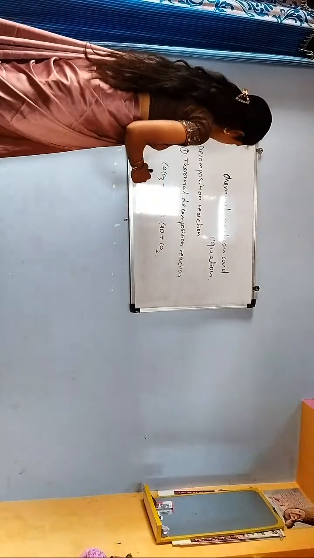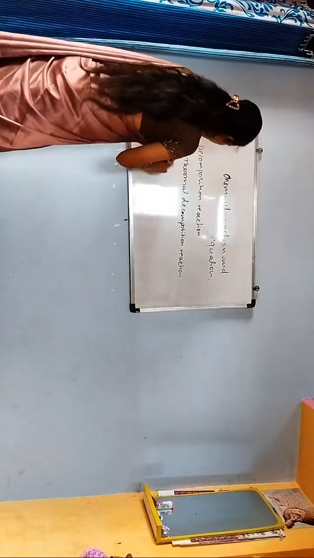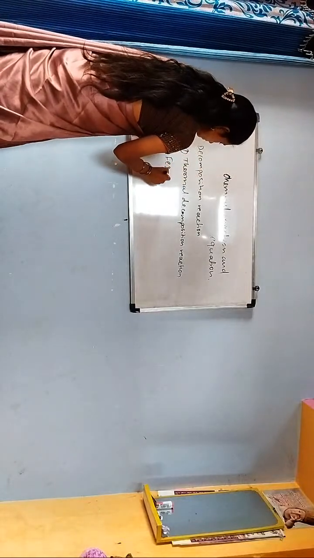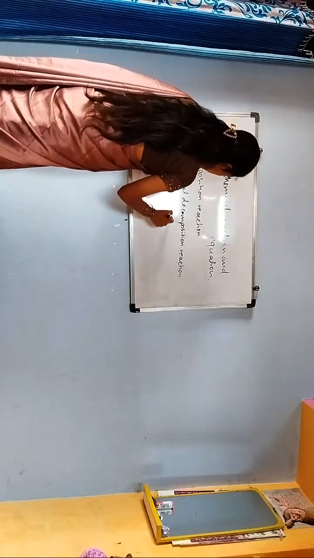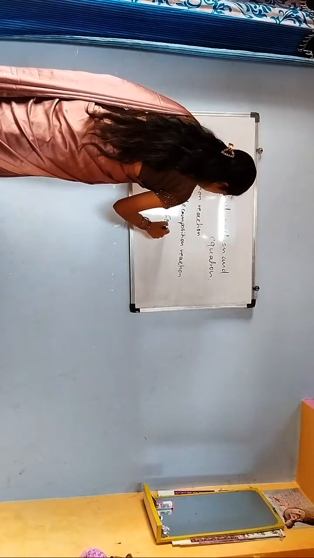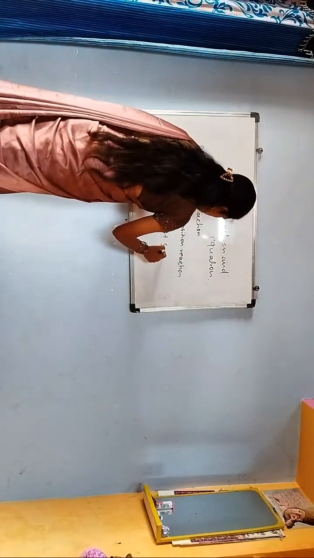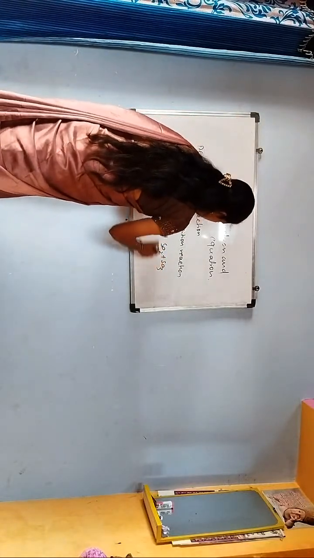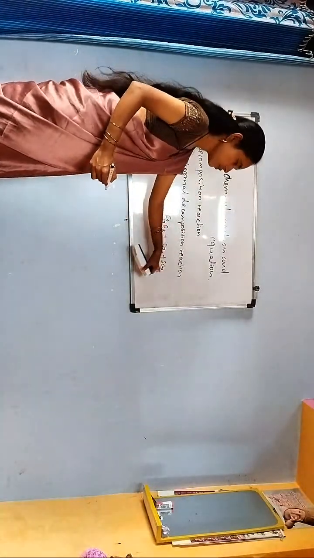Again we can take an example of ferrous sulfate. Ferrous sulfate FeSO4, on heating, gives ferric oxide Fe2O3 plus SO2 and SO3. So it breaks into ferric oxide, sulfur dioxide, and sulfur trioxide.